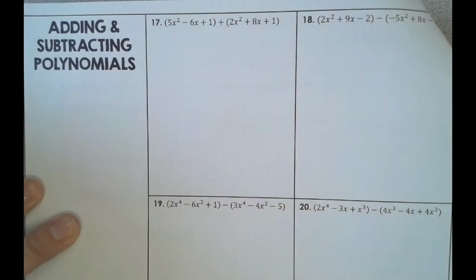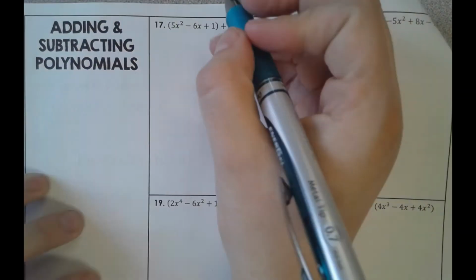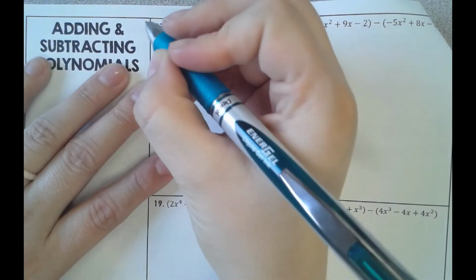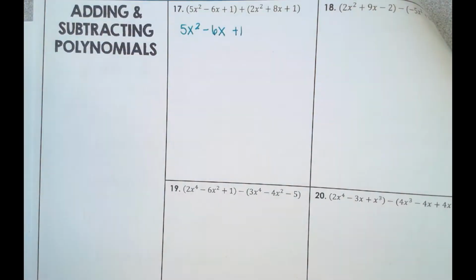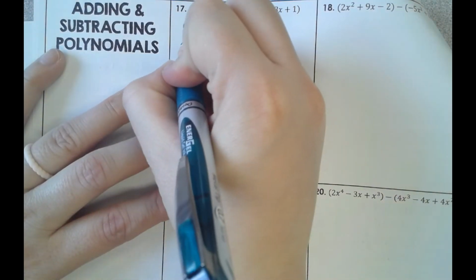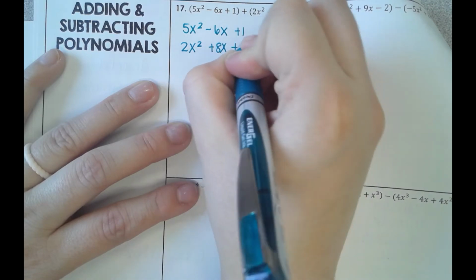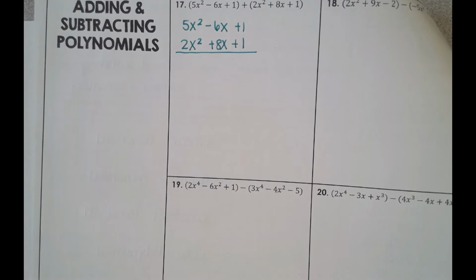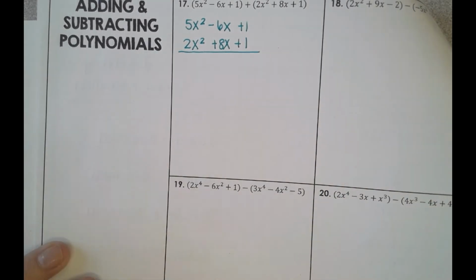Number 17 is addition, so you don't have to change anything. 5x squared minus 6x plus 1. And then the other one, 2x squared plus 8x plus 1. So both of those were actually in the same order. Like we didn't have to move it around any.